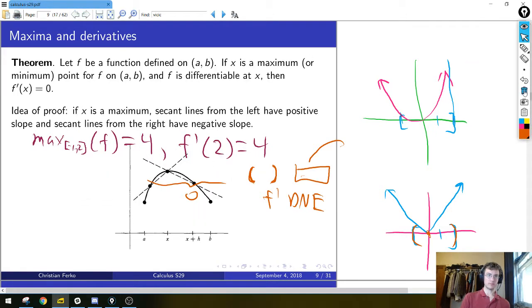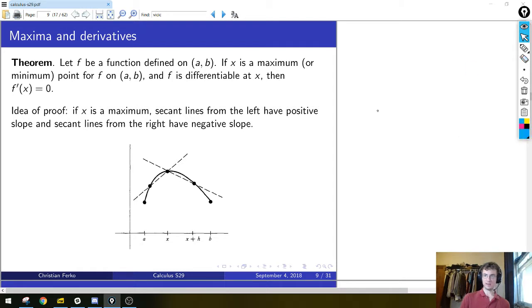Again, in the hypothesis of the theorem, we said x is a maximum and f is differentiable at x. So we actually didn't quite need a C1. C1 would mean it's differentiable everywhere in the interval. We didn't assume that. We just assumed that the derivative exists at the maximum point, or minimum.